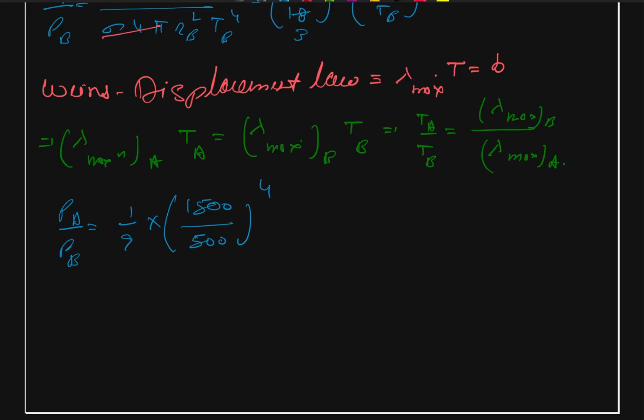This whole raised to power 4, and 1500 upon 500 goes to 3. So we can write this as 1 upon 3 raised to power 2 multiplied by 3 raised to power 4, and this goes by 2. So this ratio will be equal to 9.